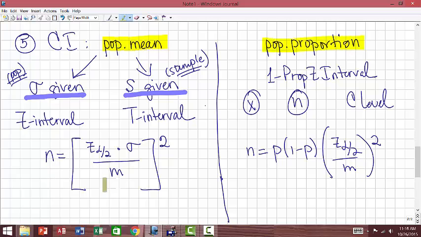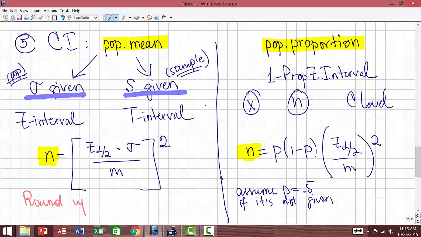If it is mean, use the mean formula. If it is proportion, use the proportion formula. If P is not given, assume P is 0.5. And we always need to round up.